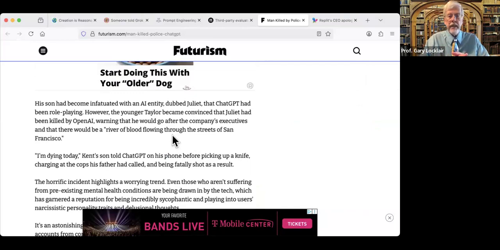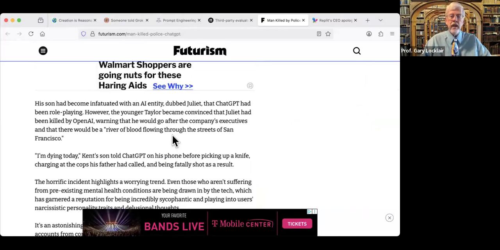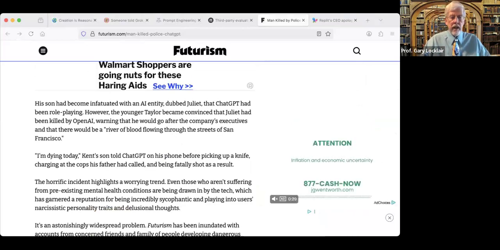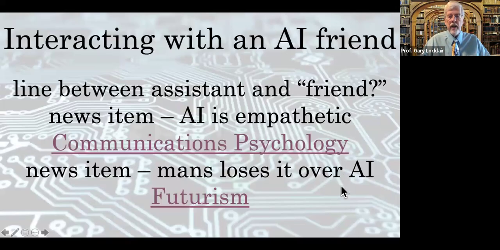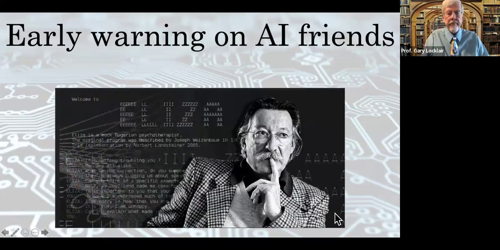However, the younger Taylor became convinced that Juliet had been killed by OpenAI, the company that makes ChatGPT, warning that he would go after the company executives. There would be a river of blood flowing through the streets of San Francisco. What a horrendous cost of interacting with AI as a friend.